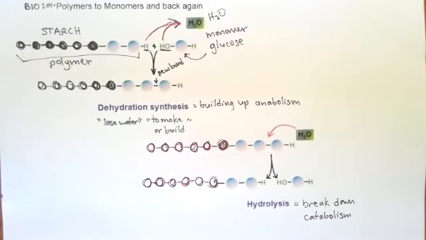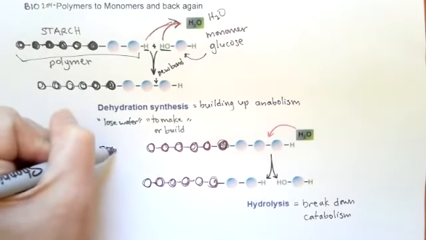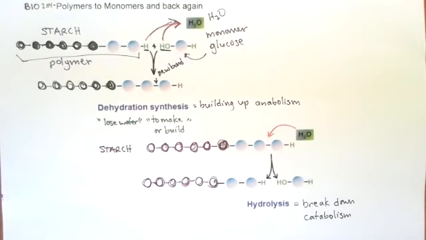So I have this big, long polymer, and let's say this is a starch again. Let's say we've got another polymer of starch. But as I'm running cross country, I need lots of energy. I'm going to need lots of ATP. It turns out that's what we use glucose for, to make ATP.